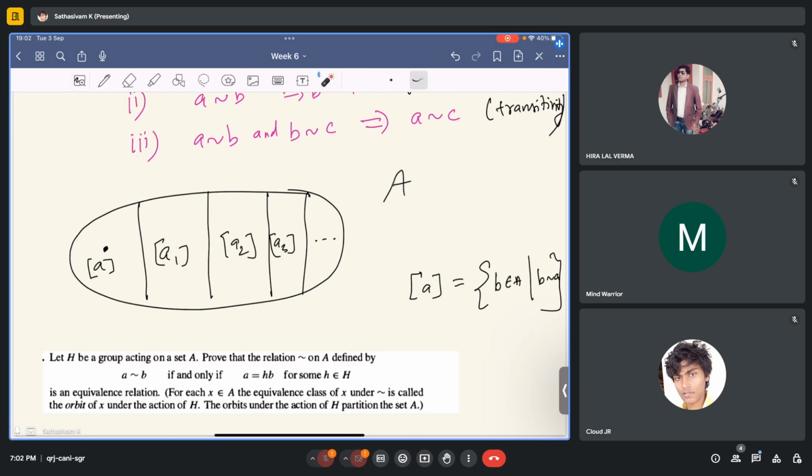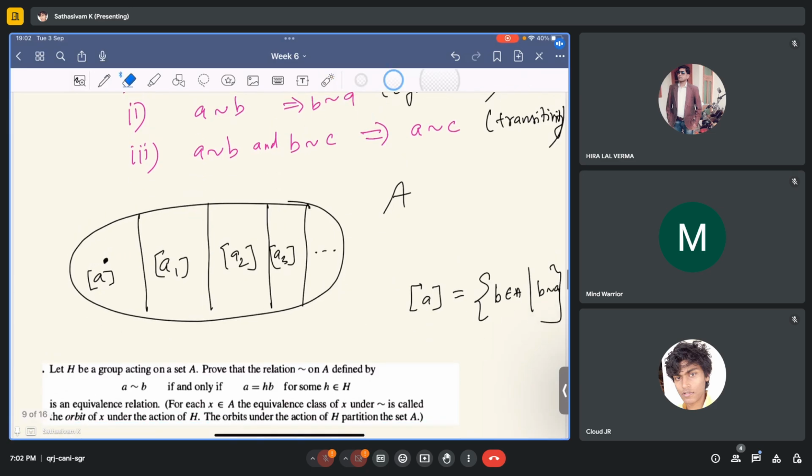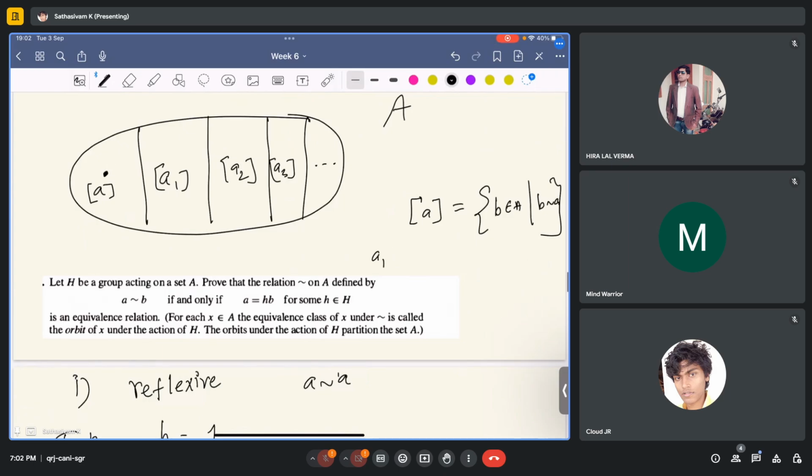By partition, what I mean is, if you take two elements A and B, then the equivalence classes are either the same, or the equivalence class intersection is empty.